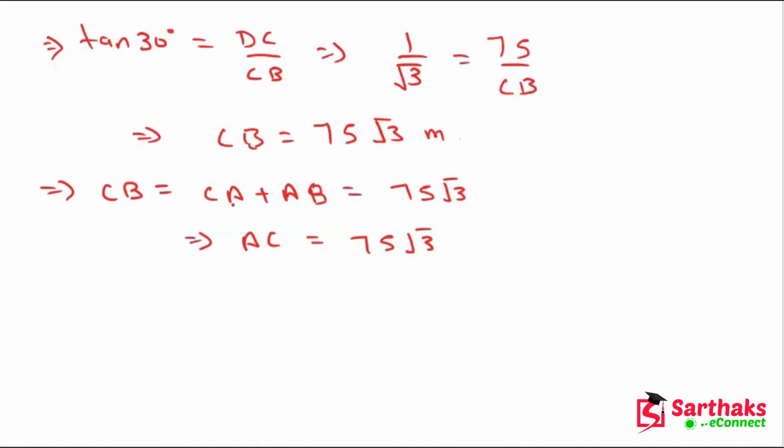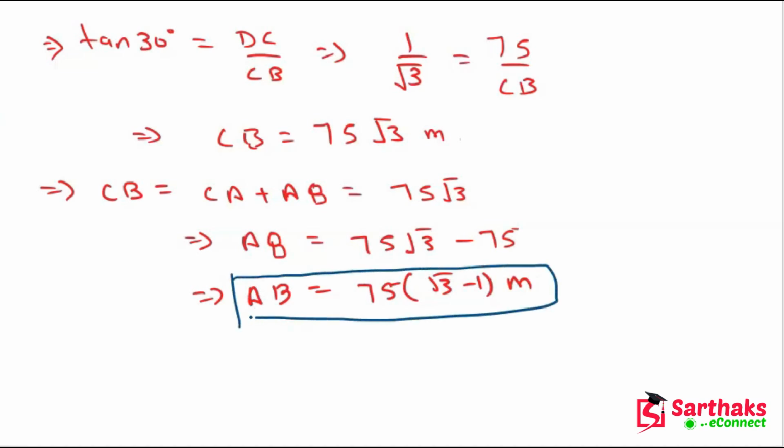What is CA? CA is 75. So from this AB is equals to 75 (under root 3 minus 1) meter. So this is the distance between the two ships. This is our correct answer.